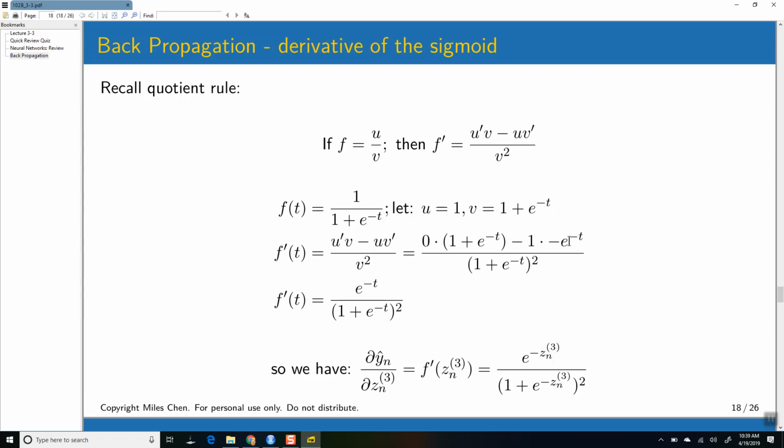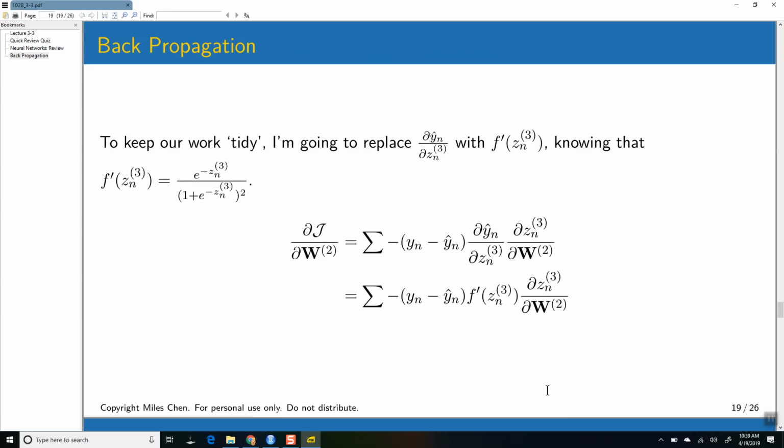So v prime is negative e to the negative t over v squared, and so this is what we get, okay? So f prime of t is this, and so if I plug in f prime of zn at the third layer, it's just going to be exactly that. But just to keep things tidy, I'm going to leave this as f prime zn3, knowing that it represents this, okay?